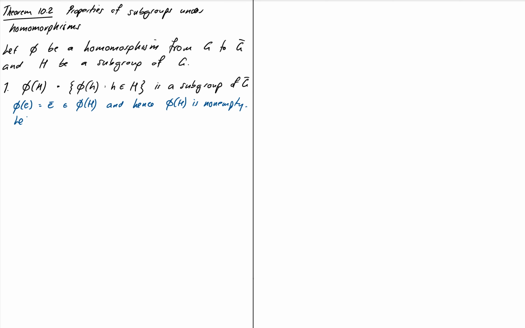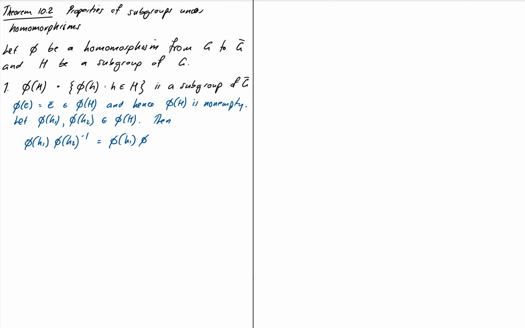To choose two elements, I'm going to let phi of h1, phi of h2 be members of phi of big H. Everything in phi of big H can be written this way, so I'm just going to jump straight to that point. Then I'm going to look at this element here, phi of h1, phi of h2 inverse. As we discovered in our previous video, we can bring the inverse inside.